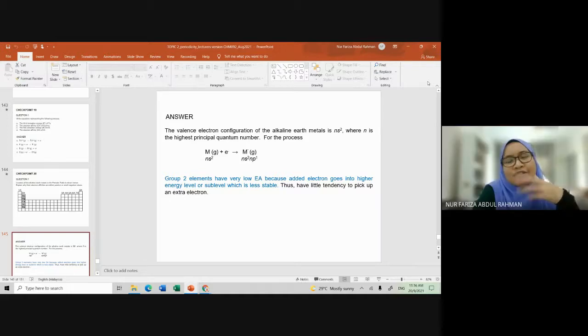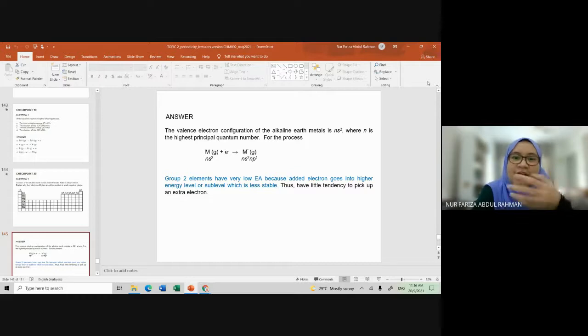Dia stable lah as long as dia achieve the electron configuration of the noble gas. Dia dah achieve that, dia become stable lah. But kita kena look into dia punya values of electron affinity itself. Is it as simple as kita just cakap dia accept 3 electrons and dia become stable?